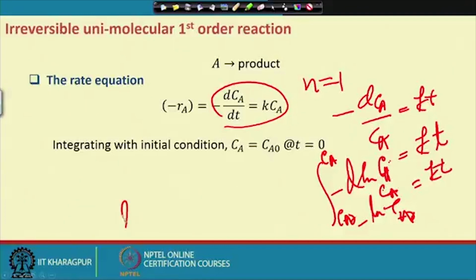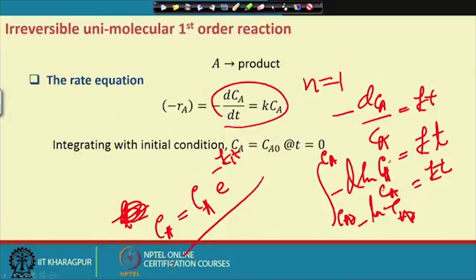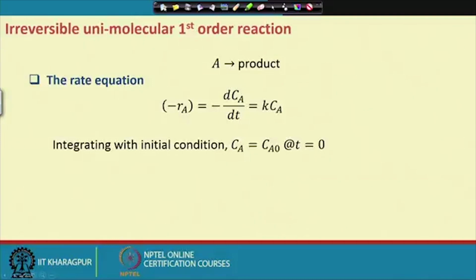So I can write t equal to what? Now I can write Ca equal to Ca0 e to the power minus k1 t. So at any point of time, if you want to find out the concentration of A, you can find it out from this correlation.